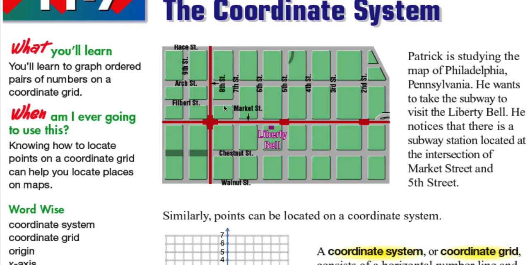This map looks very similar to what we are going to talk about today, which is called the coordinate system. Points can be located on a coordinate system, just like how Patrick located the subway station, which is the intersection of Fifth Street and Market Street.